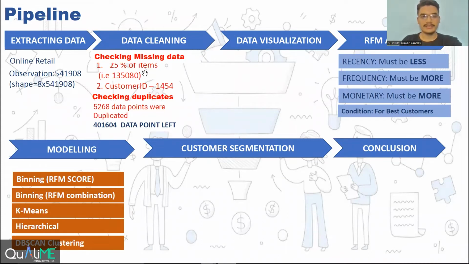After importing the dataset, doing some data cleaning, basic inspection, we did some data visualization, and then did RFM analysis. So recency must be less, frequency must be more, and monetary must be more for the best customers. And after that, we will do modeling. We'll apply these many methods to segregate the customers, and then we'll see the conclusion.